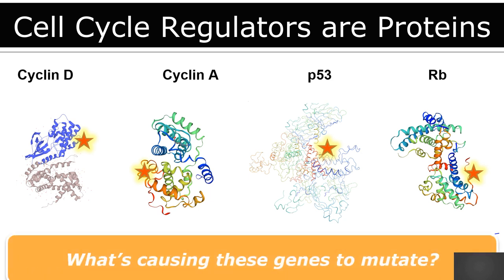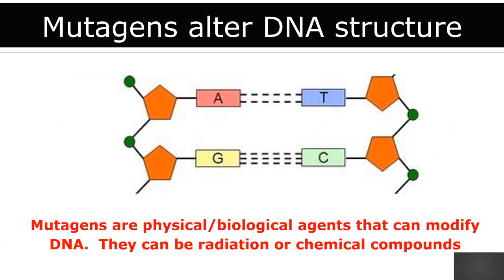So what's causing those genes to mutate in the first place? Well, there's lots of mutagens, right? So a mutagen is anything that can modify DNA. And so DNA at the end of the day is just a chemical. And things like radiation can alter that chemical. So UV radiation can break these bonds between the sugars and the phosphates.